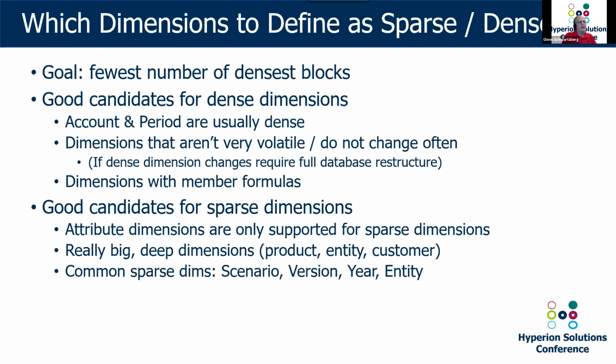If we have really, really big, deep dimensions, customers, products, stores, those types of dimensions, you're going to want to make them sparse. And remember, even though they're really big, we can turn on and set the upper levels to be dynamically calculated now.